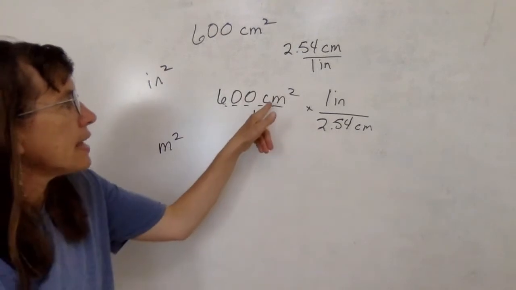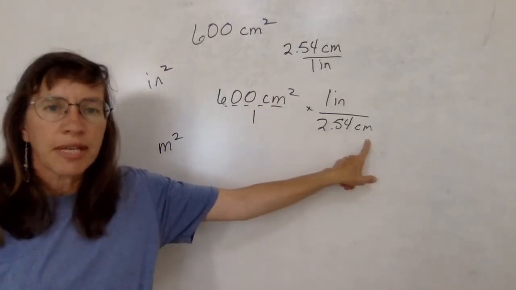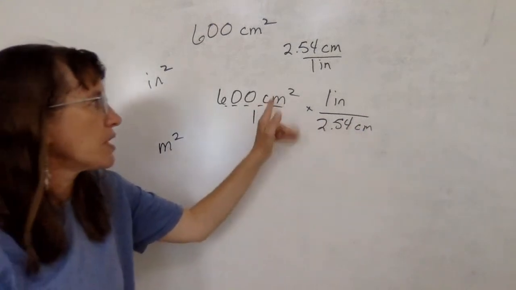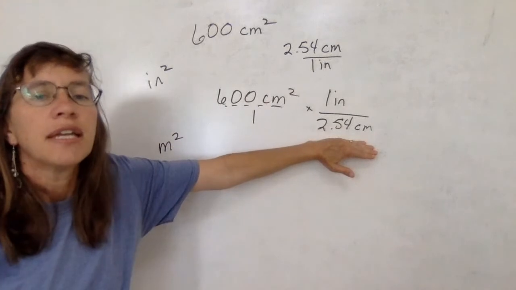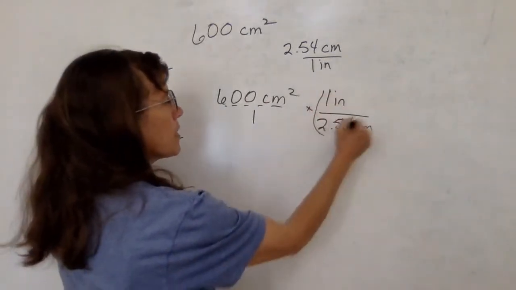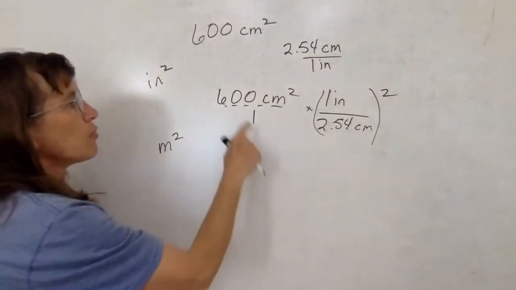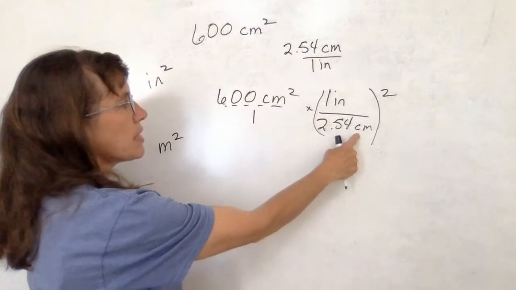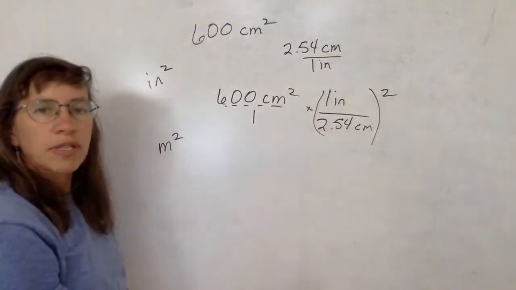If you look at that, here's a centimeter squared, there's a centimeter, only one of those would cancel. It's a little bit tricky when you've got a squared term or a cubed term. This conversion needs to be squared or cubed if you've got a volume that you're talking about. So this whole entire thing needs to be squared. Then when you multiply it through, this will be square centimeters. It will cancel with the square centimeters on top, and you'll end up with square inches.